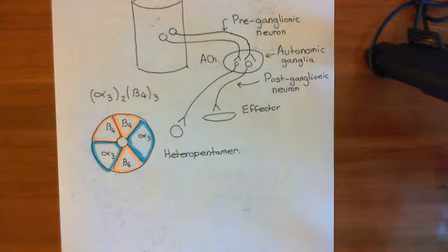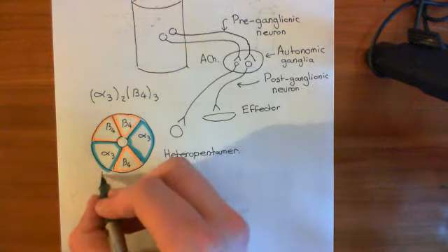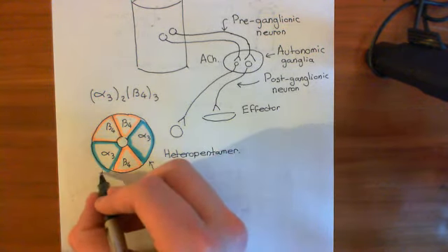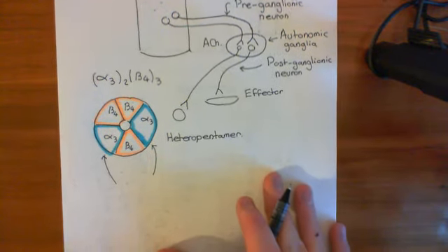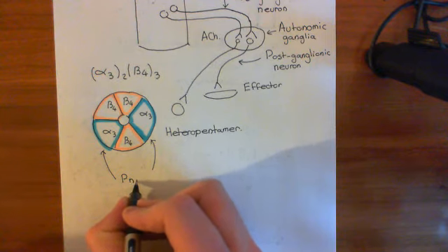Right, so let me now show you the binding sites for acetylcholine on this alpha 3 2 beta 4 3 heteropentamer. Basically, these alpha 3 subunits act as the principal subunit again. So they are the ones which are going to provide the A, B, C loops.